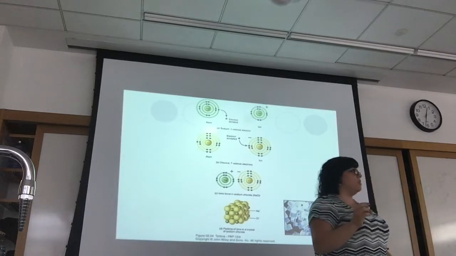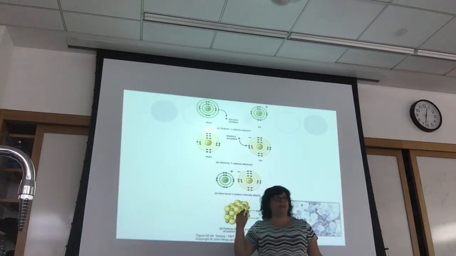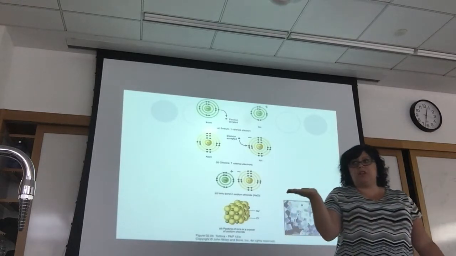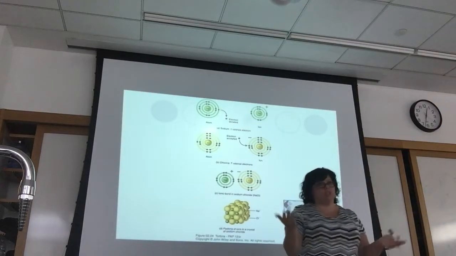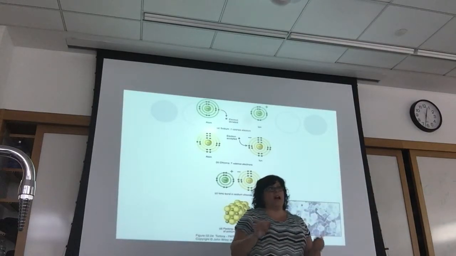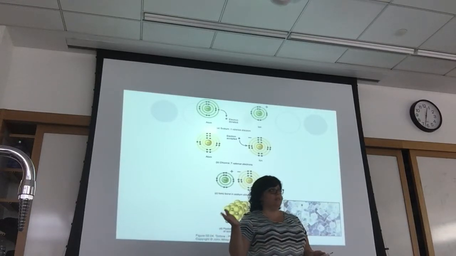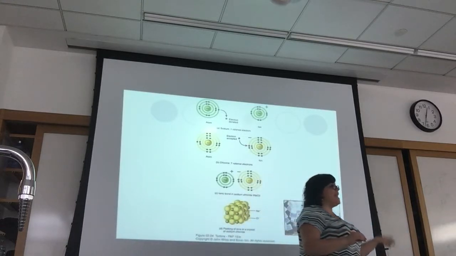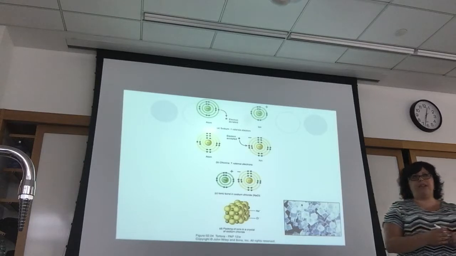In an ion, there is a charge. It could be either a positive charge or a negative charge, but there's a charge. The ion is either a cation, which has a positive charge, or an anion. Anions have a negative charge.